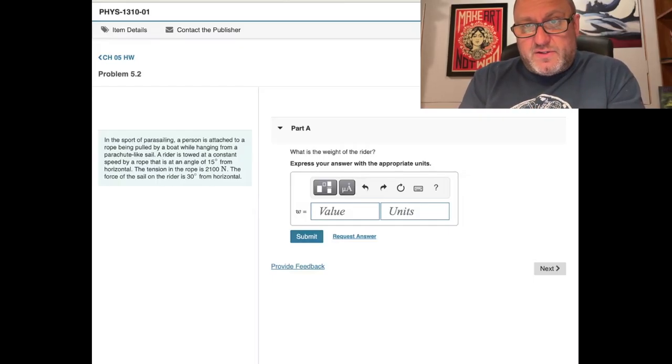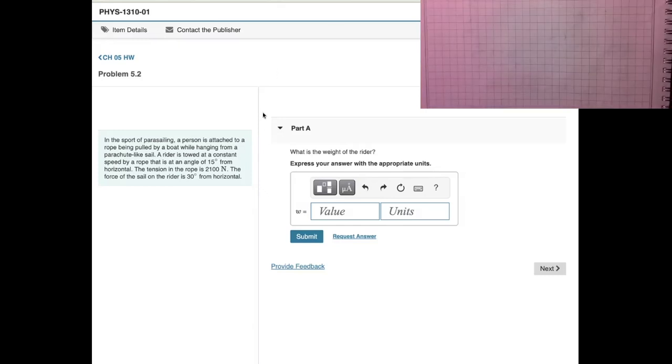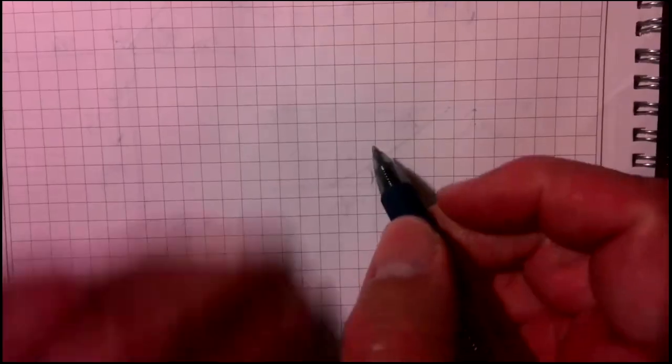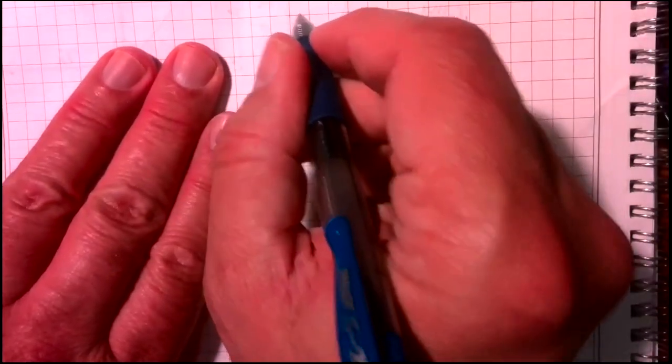All right, so let's draw a picture, and we will draw all of the different things that are going on inside of this problem. Okay, so I'm going to stop sharing the problem now, and we're going to draw a picture. So first of all, let's start by drawing the boat, and we're going to get all the angles and everything in here.